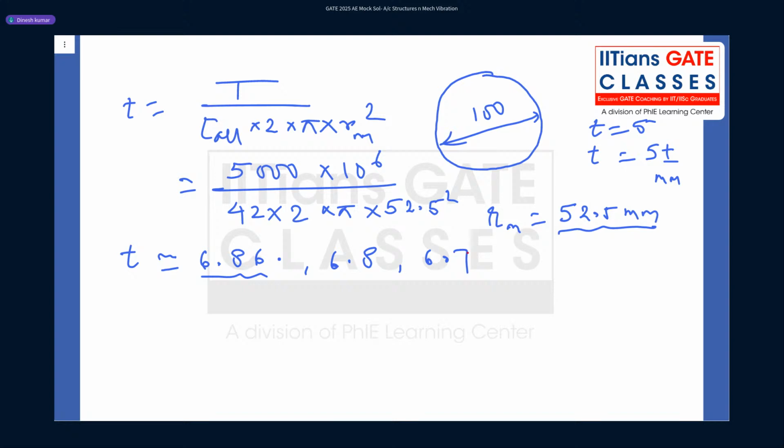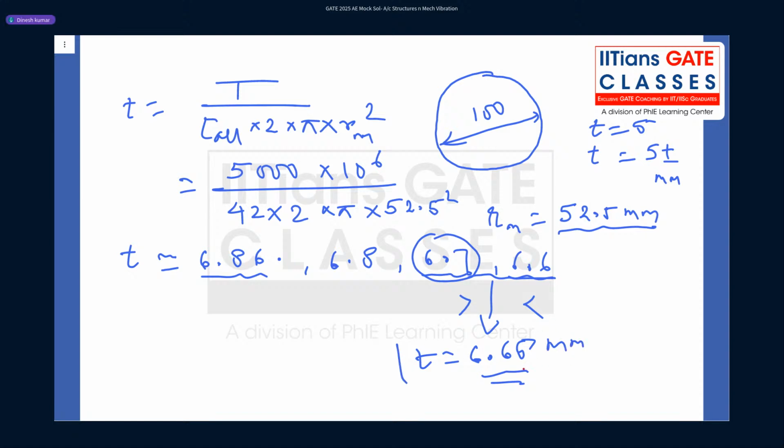For 6.7 the value will be slightly higher, and for 6.6 it will be slightly lesser. So your answer will be between 6.7 and 6.6. So you can say your answer is 6.65.